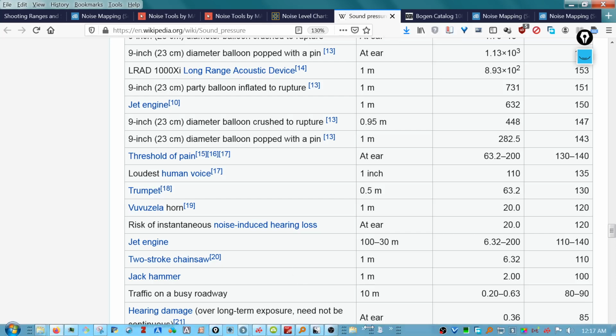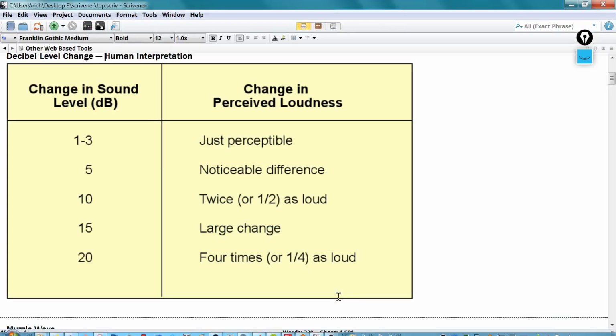To do that, there's this little chart I've got. Now, remember, a change in decibels of 10 is how much change in energy? Well, that's one whole bel, so that's 10 times. But yet to the human ear, it's only twice as loud.